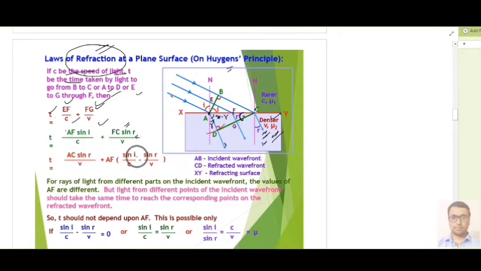So we can put this value: AF sin I upon C equals AF sin R upon V, and after solving these equations we get sin I upon C equal to sin R upon V. The second definition of mu is mu equal to C upon V. So we can write C upon V equal to mu.